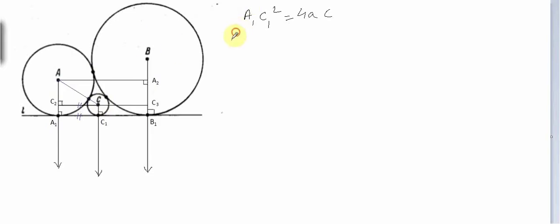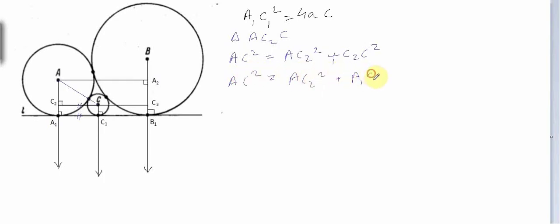So in triangle AC2C, we have AC square is equal to AC2 square plus C2C square, and C2C is nothing but A1 C1. And A1 C1 therefore square is equal to AC square minus AC2 square.